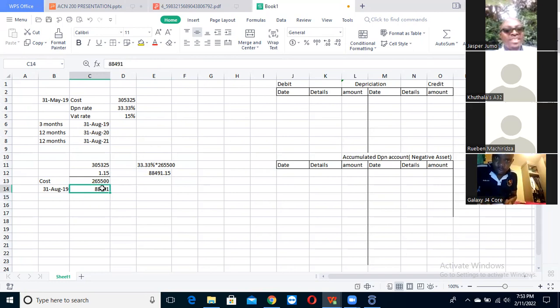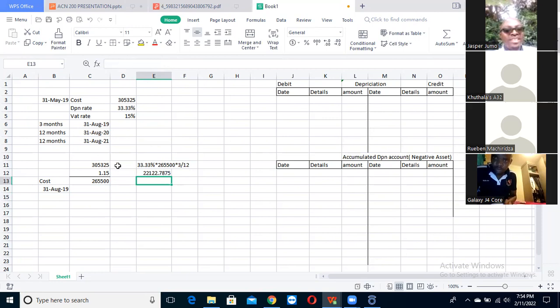But okay, before we do that, remember, this is only for 3 months. So we should take note of those 3 months. We come here and multiply by 3 over 12. We just multiply again by 3 over 12.